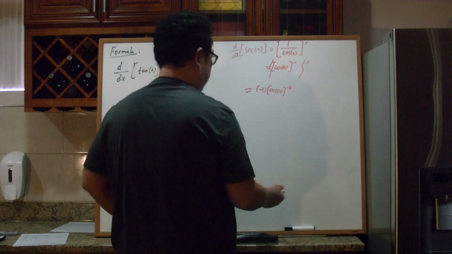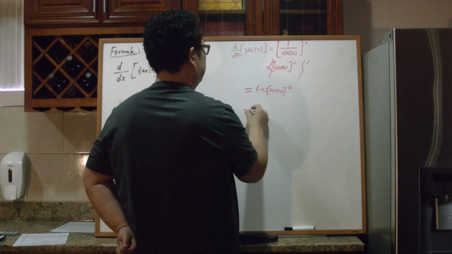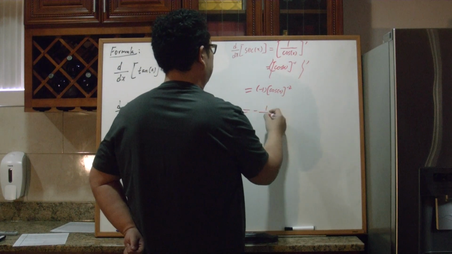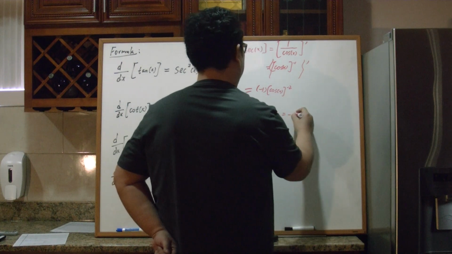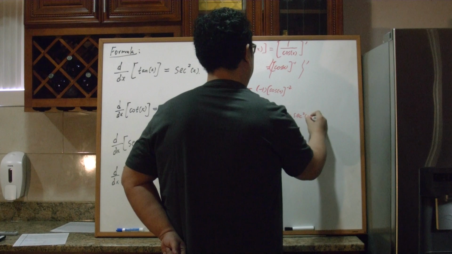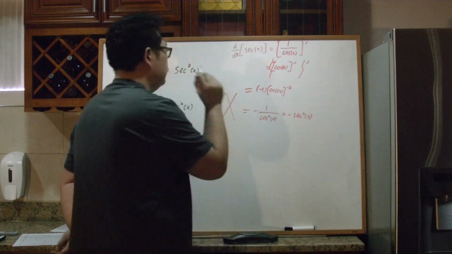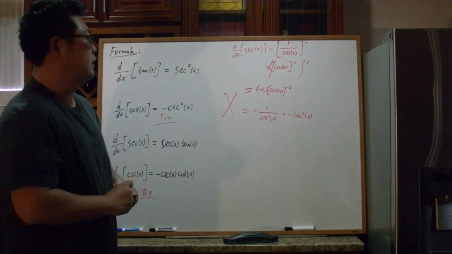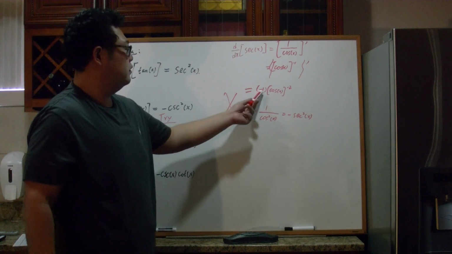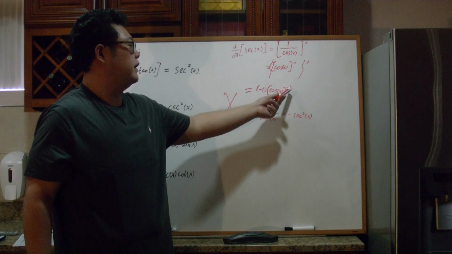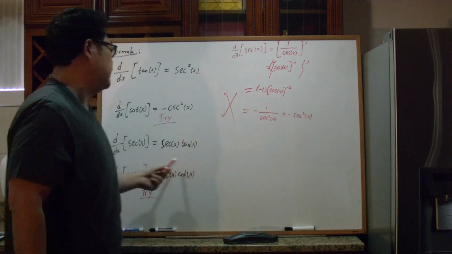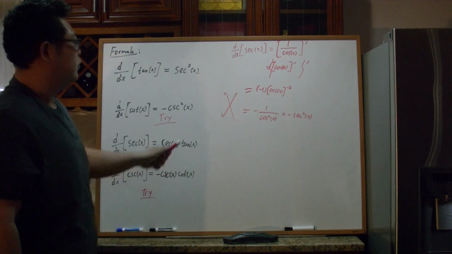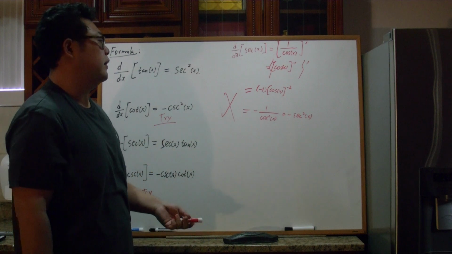If we stop here, what we get is negative 1 over cosine square of x, that's negative secant square of x. Which is not right. So the cosine x, when we apply the power rule directly to it, will not get the expected result. And we're sure that the quotient rule has to be correct.